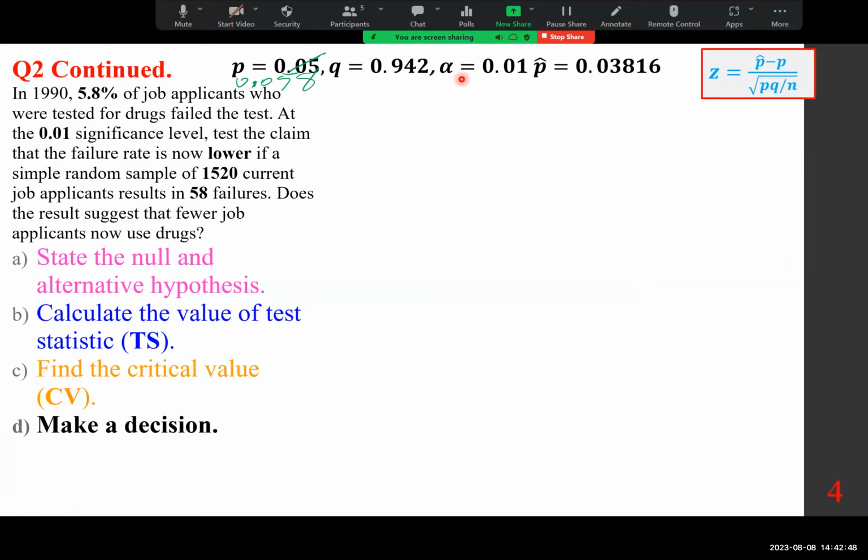Q is 1 minus that, alpha is 0.01. And p hat, we calculated it to be 58 over 1520 or 0.03816. So this is from the previous page.